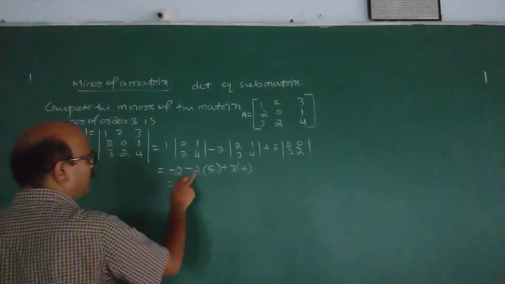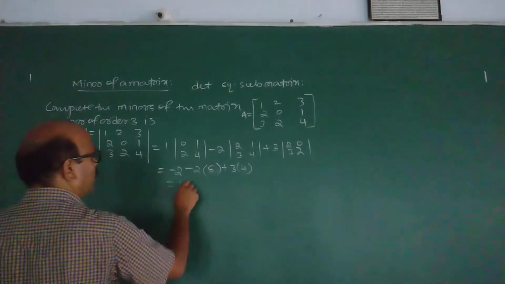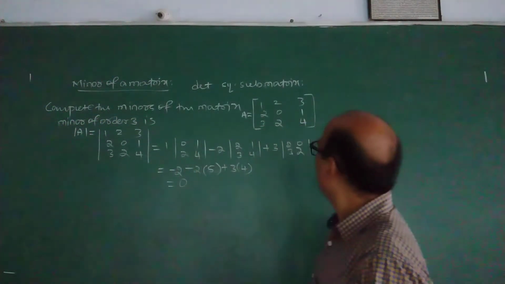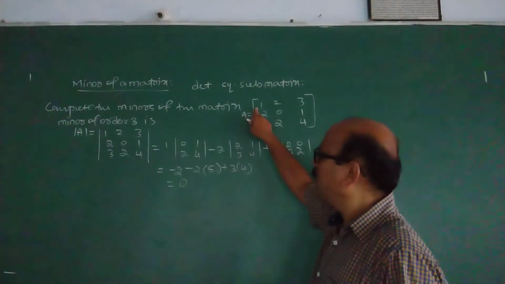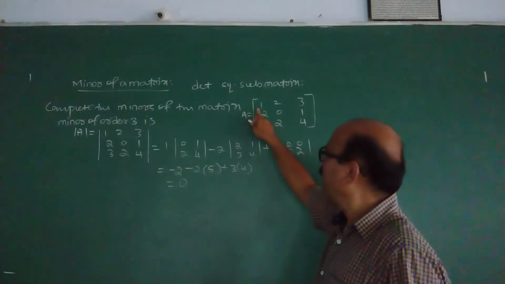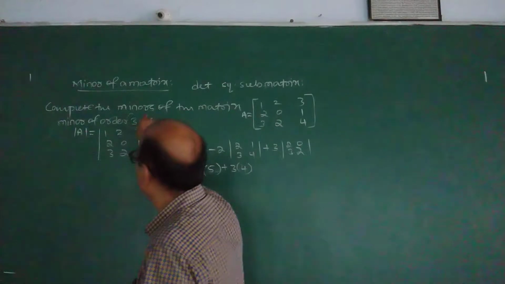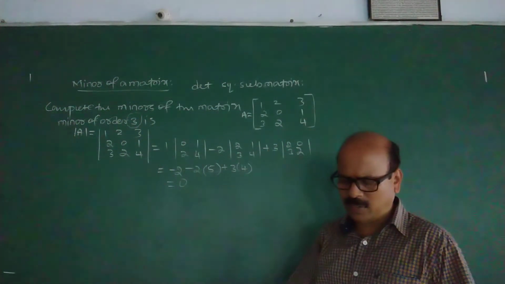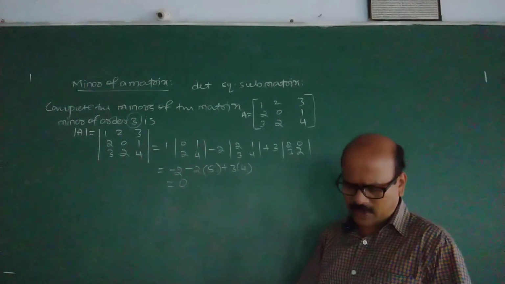Minus 10, minus 12, minus 12 plus 12. It is 0. So what is the minor of this matrix of order 3? This is important. Minor of order 3 is 0.